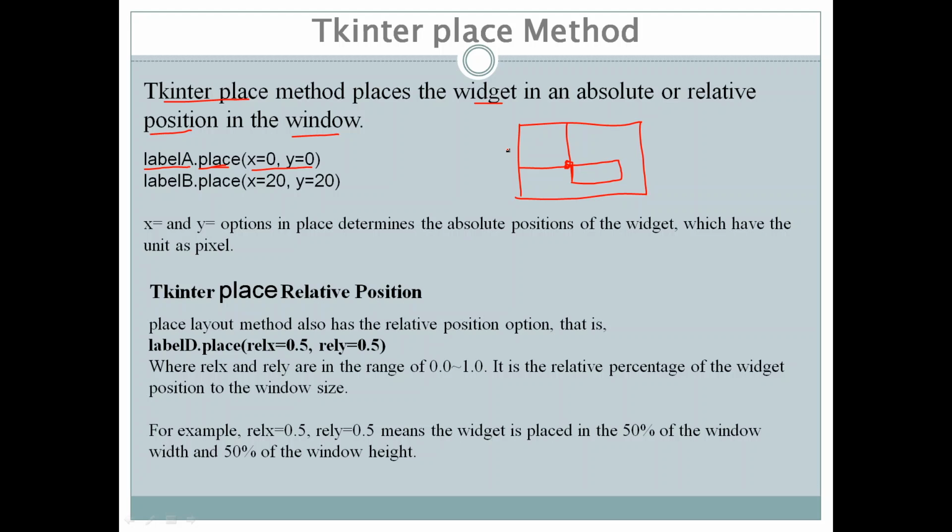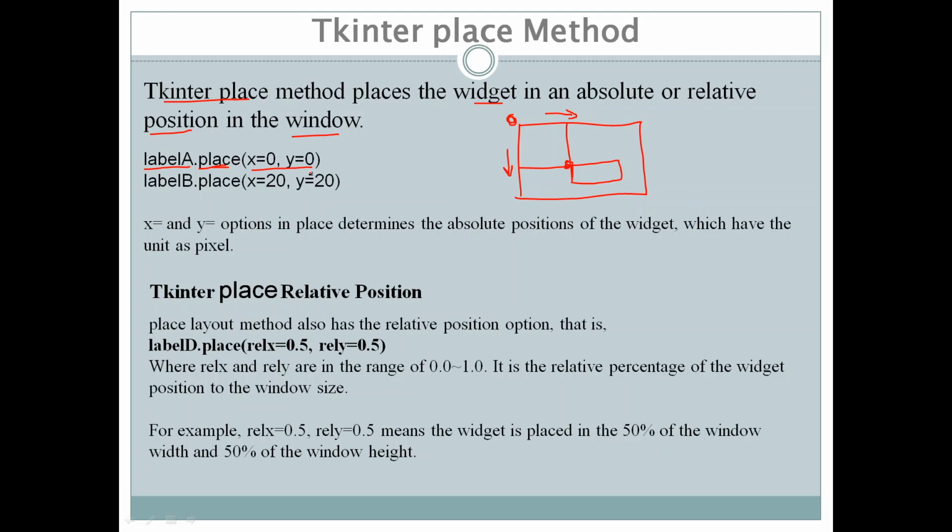So this is my y axis and this is the x axis. And again the coordinate system is always considered from the top left side, which is 0. From here we need to calculate x and y.